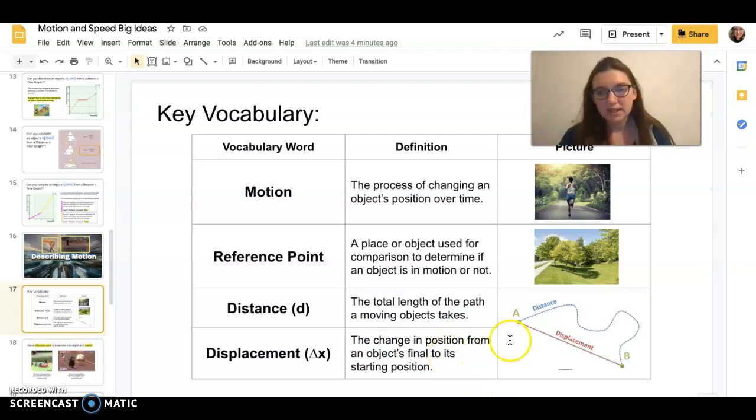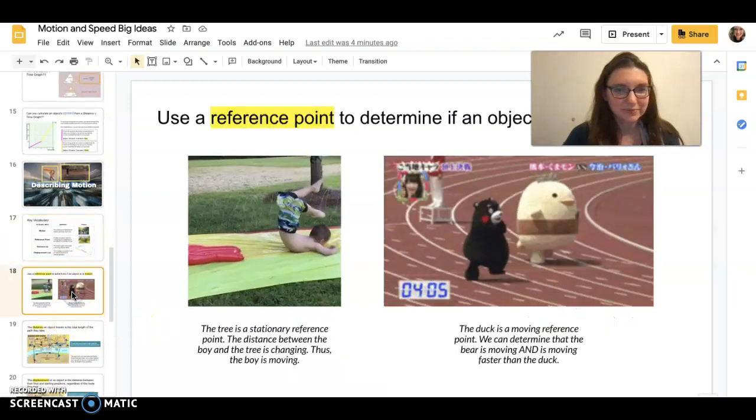So basically this is like the distance as the crow flies, meaning not worrying about the path that they took to get there, just where did they start and where did they end. That's displacement, okay? So distance can be all kinds of crazy ways. It's whatever path you take, the number of steps you take, something like that. Whereas displacement is just as the crow flies, from here to here. And displacement takes into account direction.